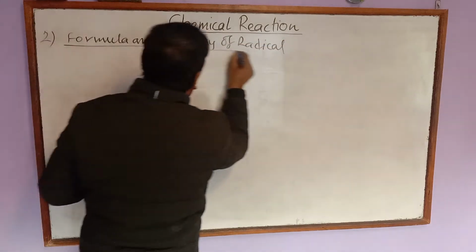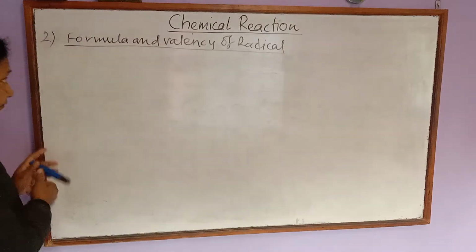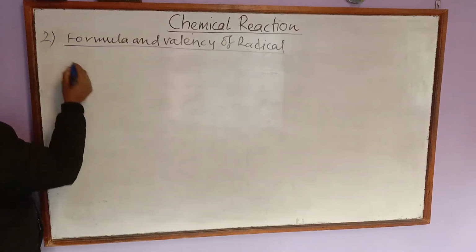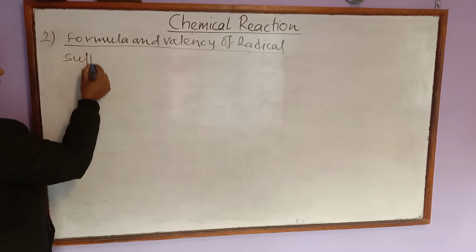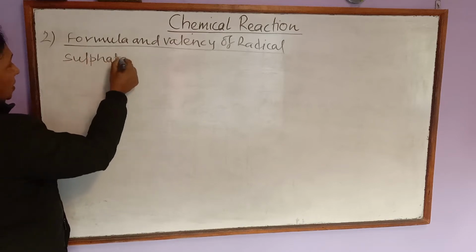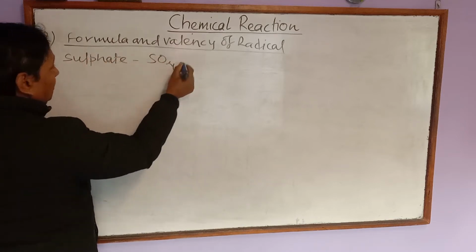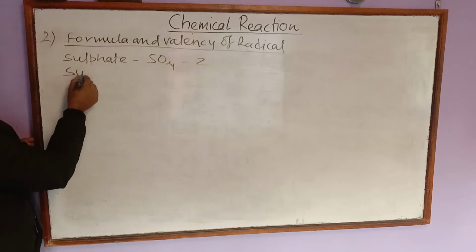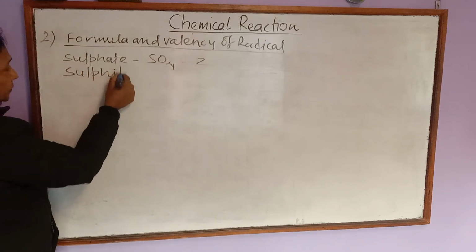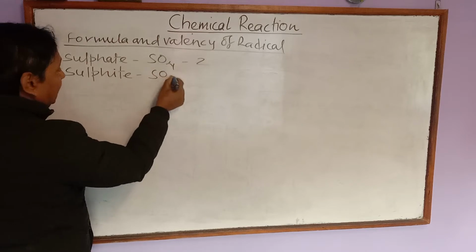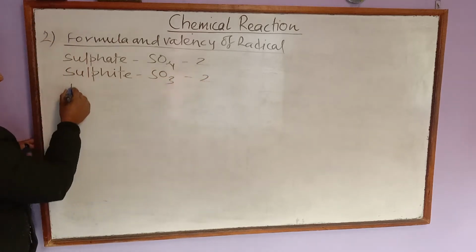Okay, formula and valency of radicals, just like this. Sulfate, its formula is SO4, valency is 2. Sulfite, its formula is SO3, valency 2.